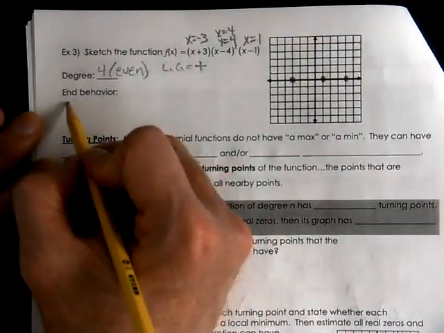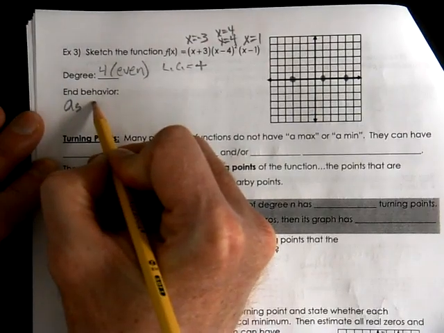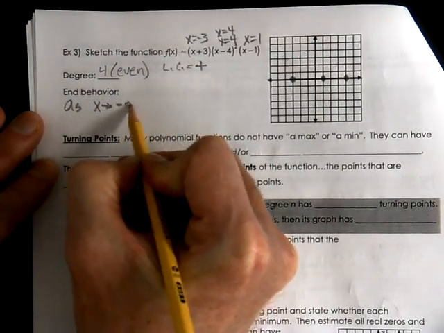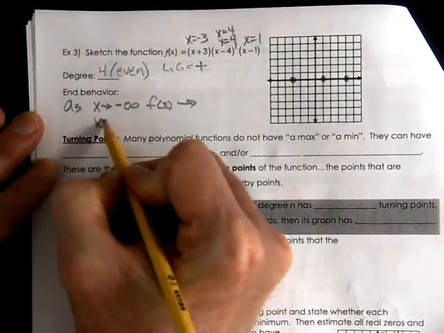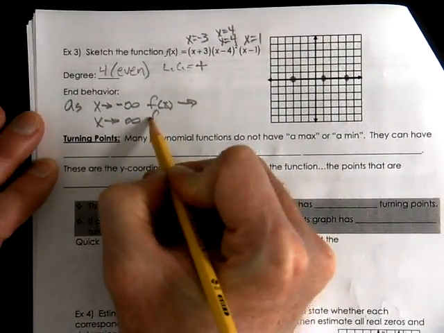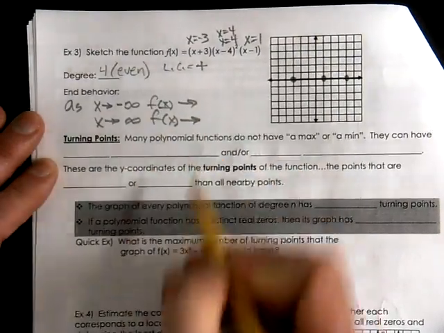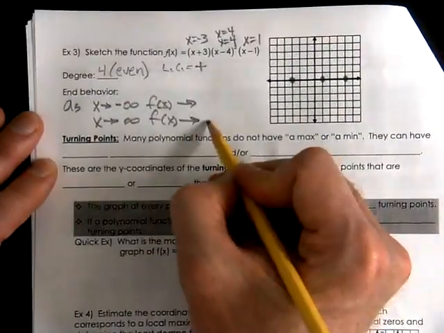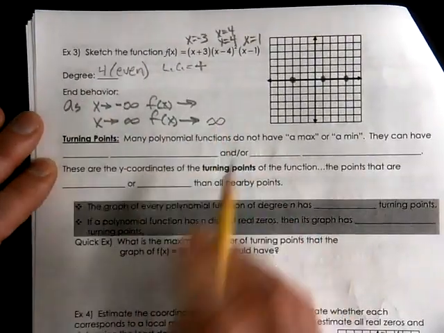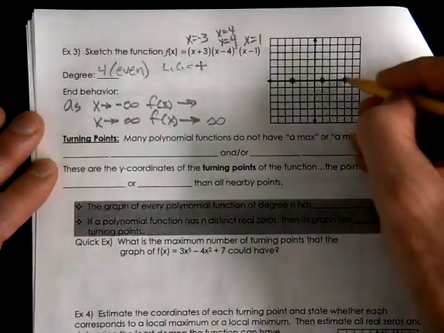You know your end behavior. As x approaches negative infinity, the function is going to approach something. And as x goes to the right, you know the function is going to approach something. Because the leading coefficient is positive, you know it's going to be going up as x gets bigger. That's this way.